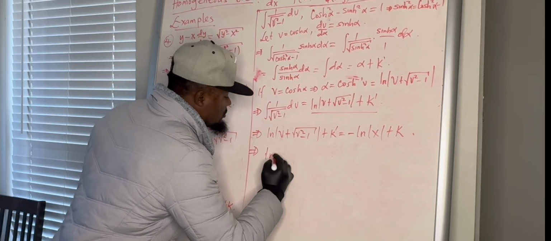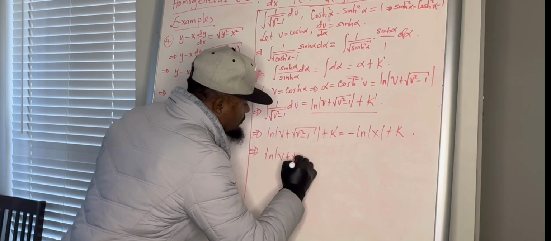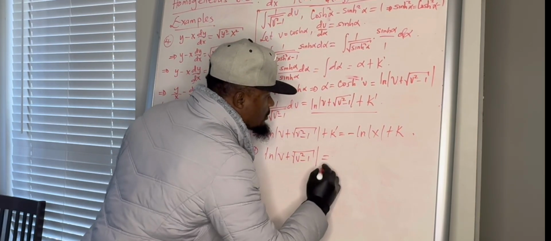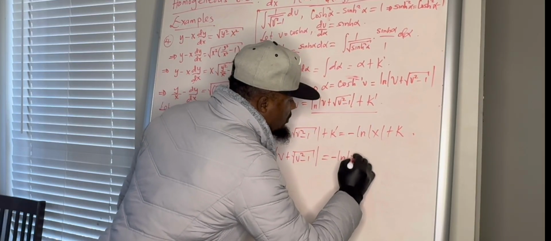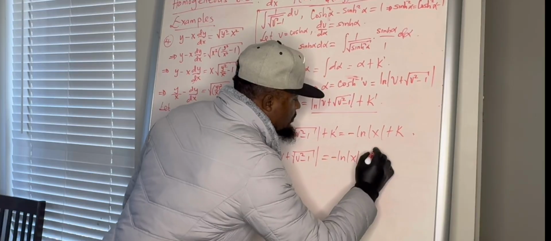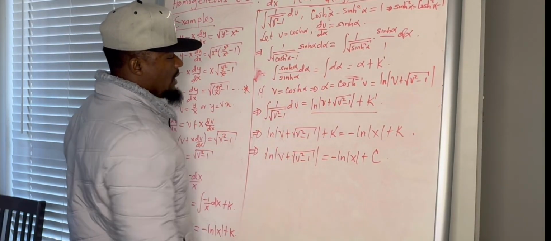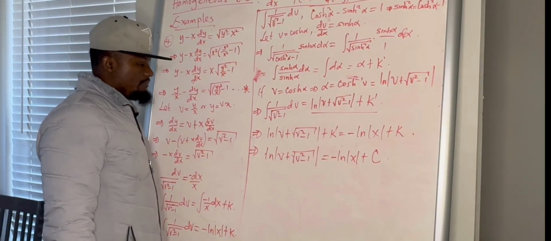So ln the absolute value of v plus the square root of v squared minus 1 should be equal to negative ln the absolute value of x plus a constant c, where c is k minus k prime.